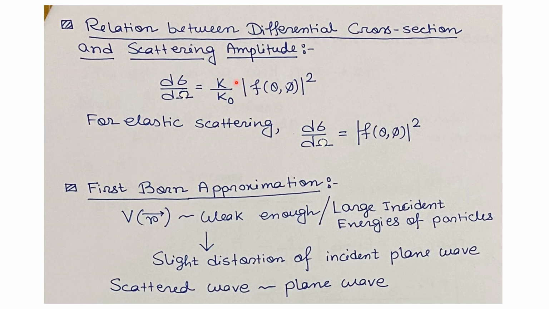Here k is the magnitude of the scattered wave vector and k naught is the magnitude of the incoming or incident wave vector. Now, for the case of elastic scattering, where momentum and energy conservation holds, k will be equal to k naught. So for elastic scattering, dσ/dΩ equals the mod square of the scattering amplitude f as a function of theta comma phi.